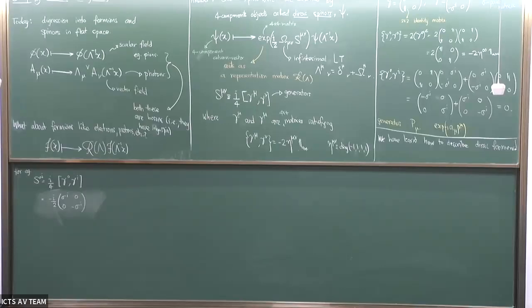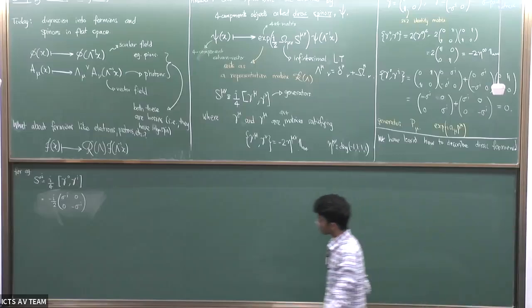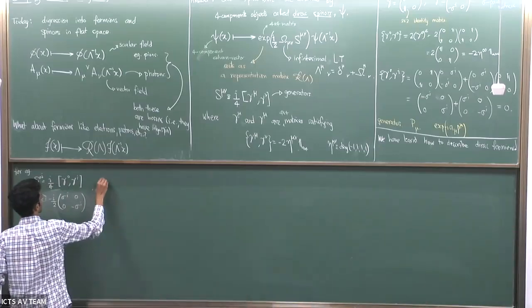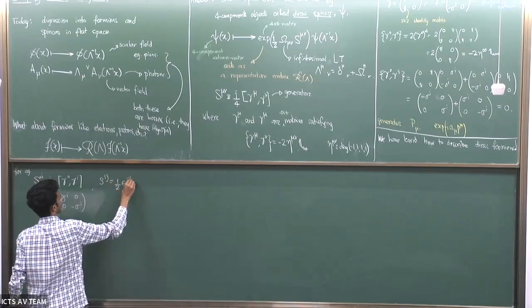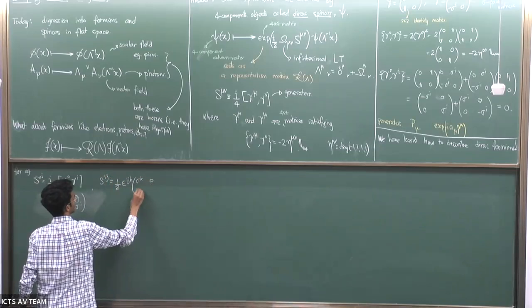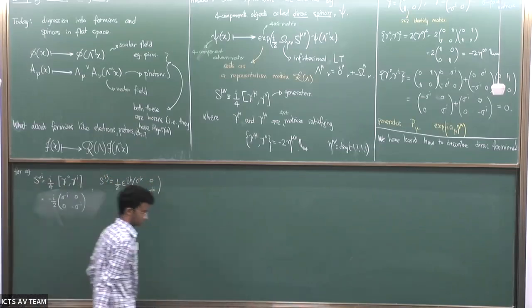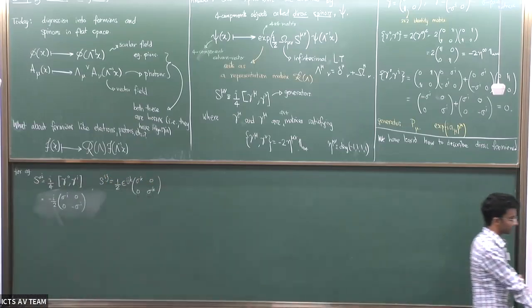Yeah, that sounds right. And similarly, you can also check that Sij will become half epsilon ijk sigma k, with blocks sigma k and sigma k on the diagonal. This you can check.